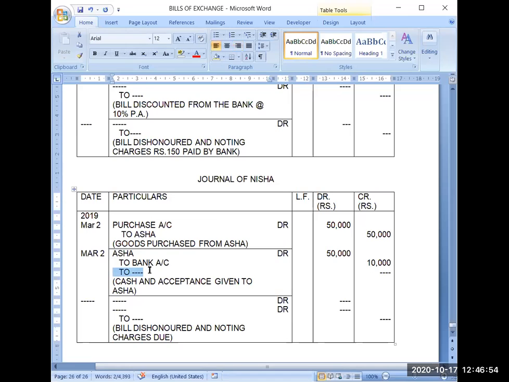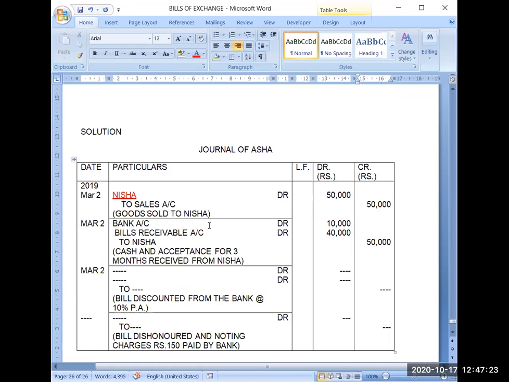Then to, again the acceptance has been given, so the rest of the amount will be transferred to bills payable account, 40,000. So this way we have completed 2 entries of this part and 2 entries of books of drawer also.